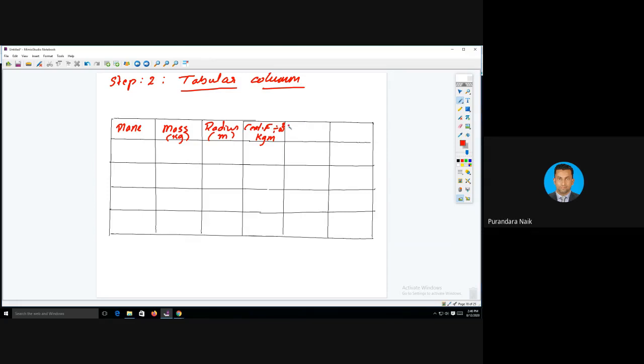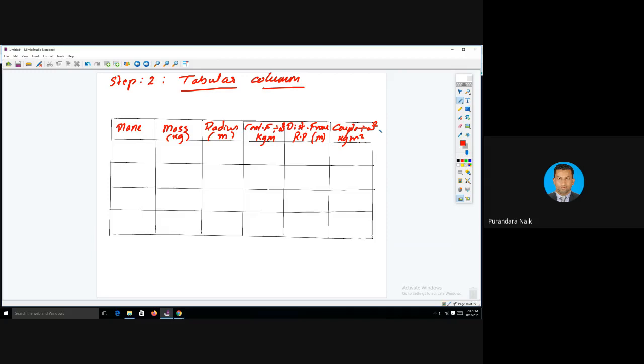Next is distance from the reference plane RP, it is in meter. Last one is the couple divided by omega square, it is kg meter square.